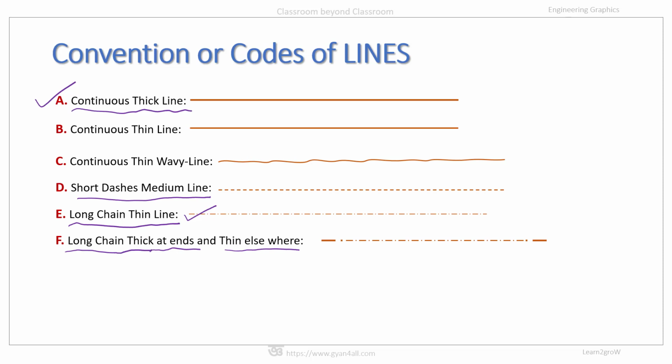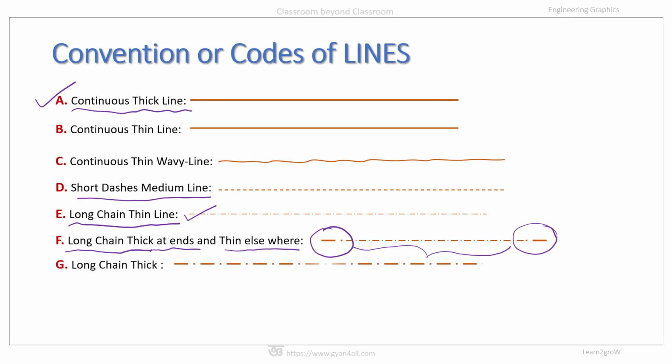You can see from this line that at the two ends the thickness is more and at the central portion the thickness is less, and that is the special characteristic of this line. It has some special application that we will discuss later. G is the same long chain but thick throughout, and H is short zigzag thin line.